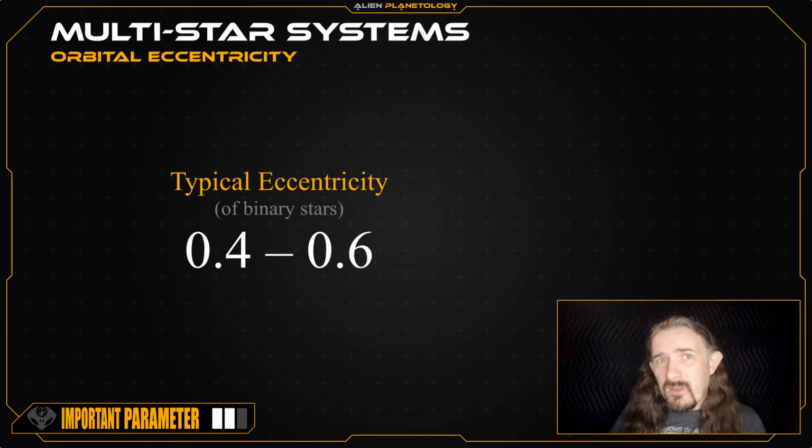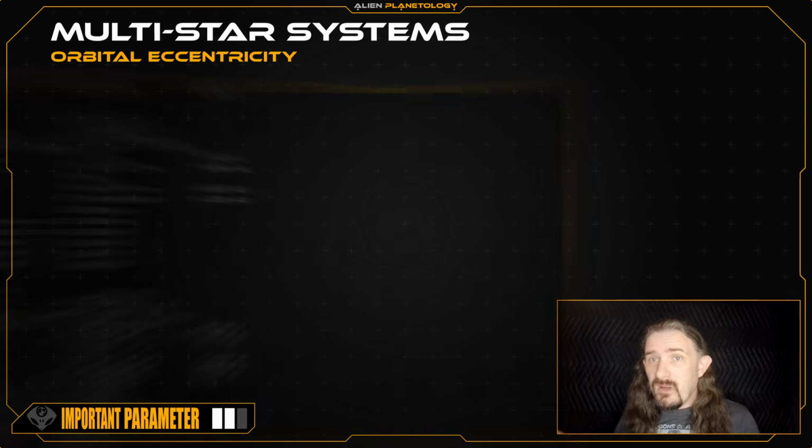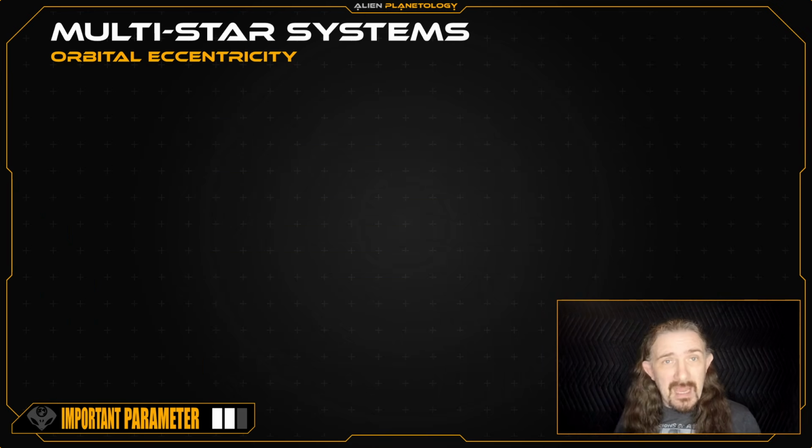However, unlike with binary stars, which can have low eccentricities when orbiting very close to one another, stars in wide orbits are almost never found with eccentricities below 0.3. I'm going to set my third star's eccentricity to 0.6392 and then use the equations that I covered in the previous video to calculate its periapsis and apoapsis distances.